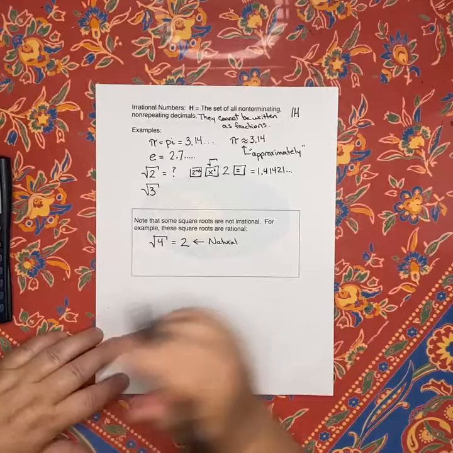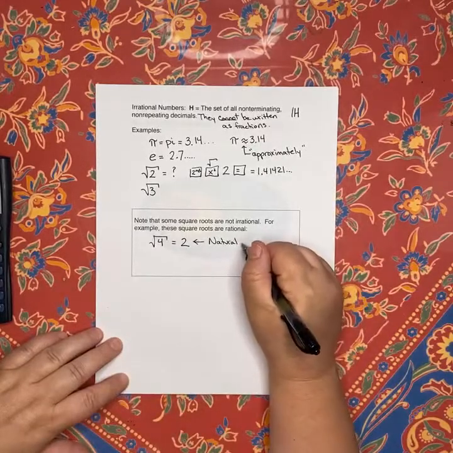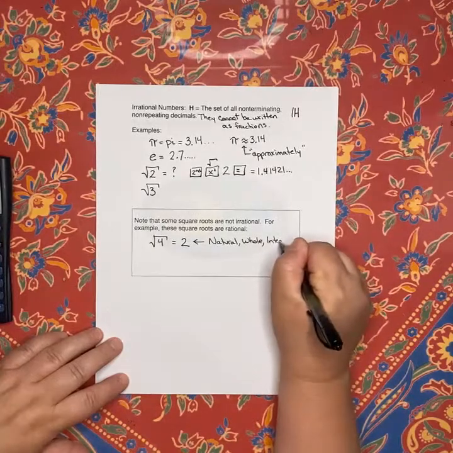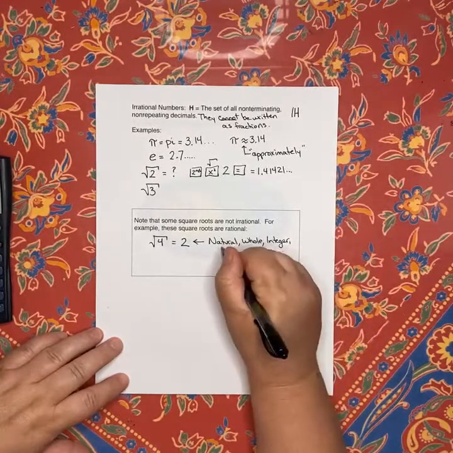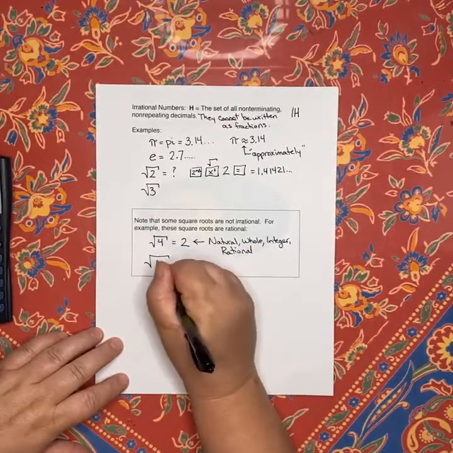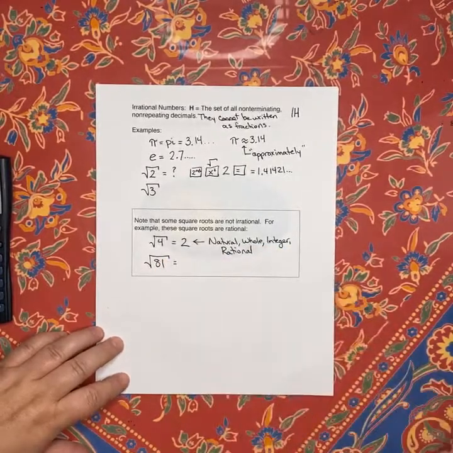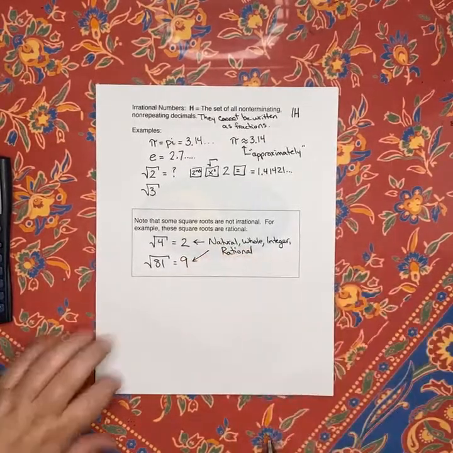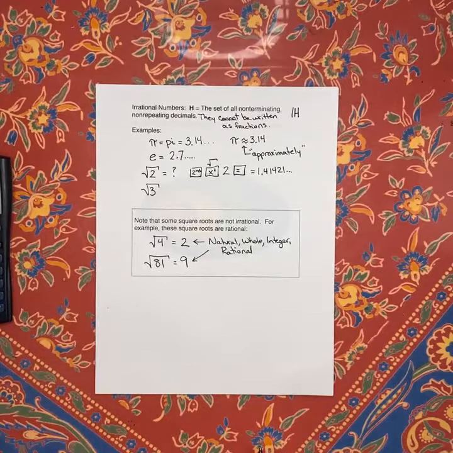It's also rational. So it's natural, it's whole, it's an integer, and it's also rational. Another example, radical 81, which equals 9. Also natural, whole, integer, and rational.